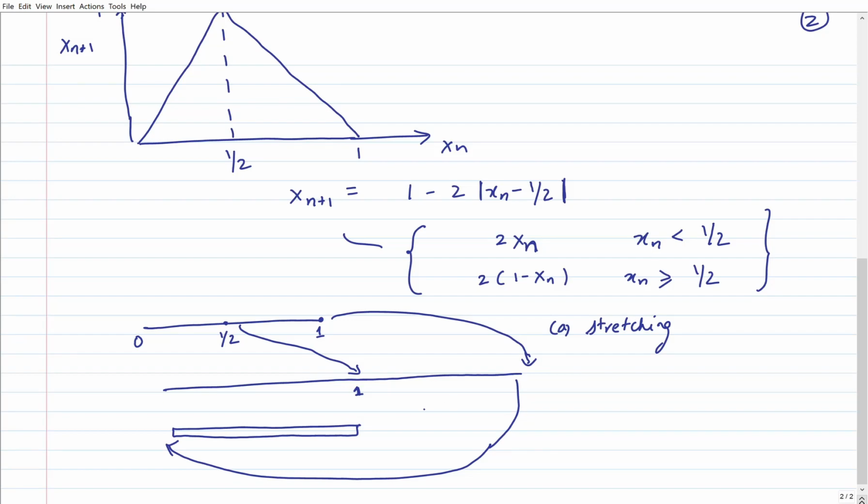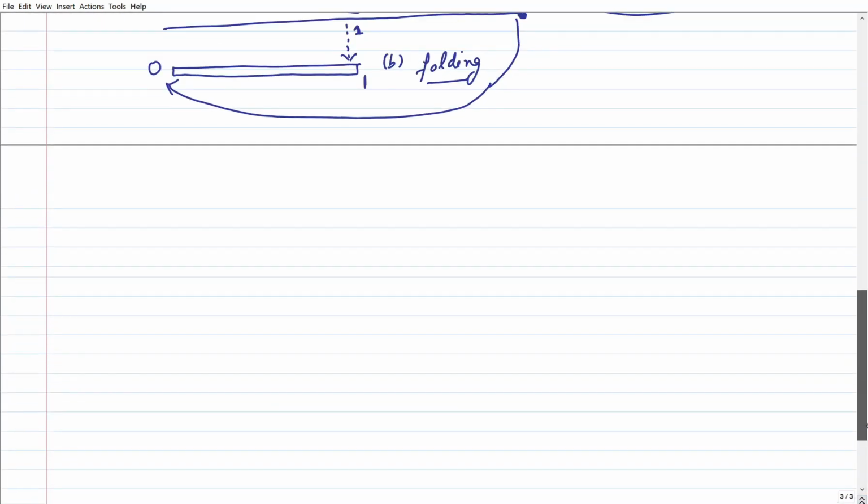So this is the folding step, such that this point gets folded back to 0. This guy. So you can see this like a chapati flour or a dough. You're making a chapati, you're stretching it, folding it back, stretching it, folding it back. But this is essentially what happens, and this alternating stretching and folding is captured by this equation over here.